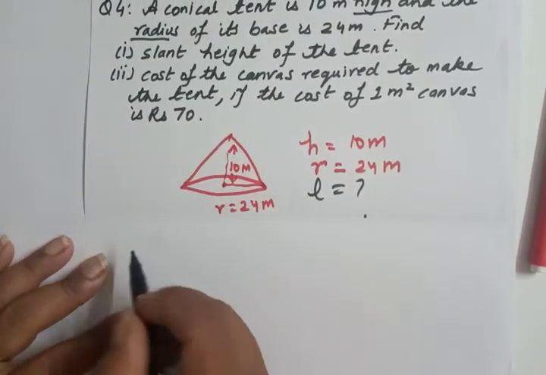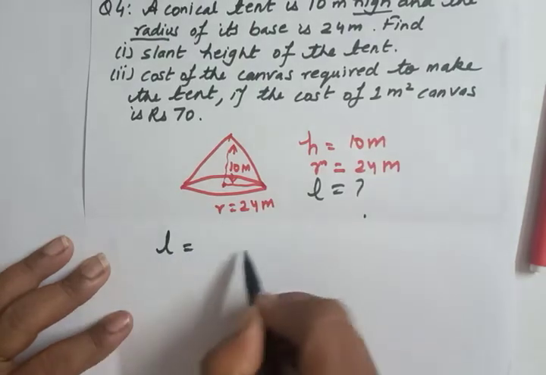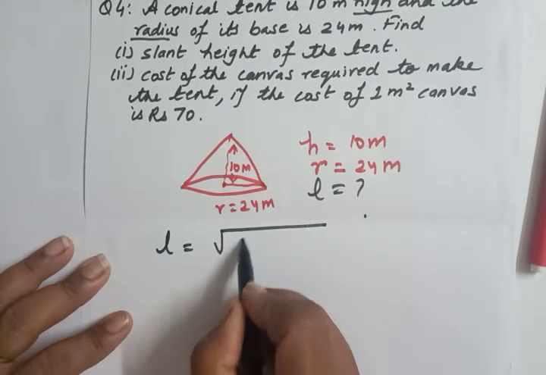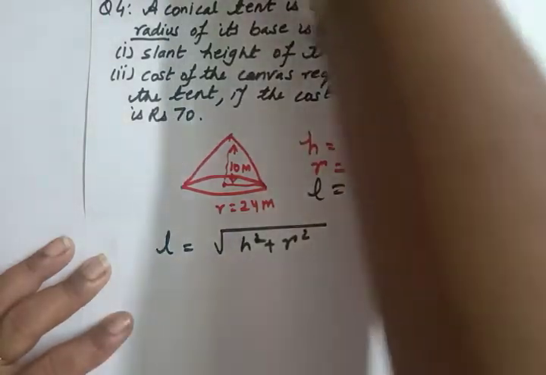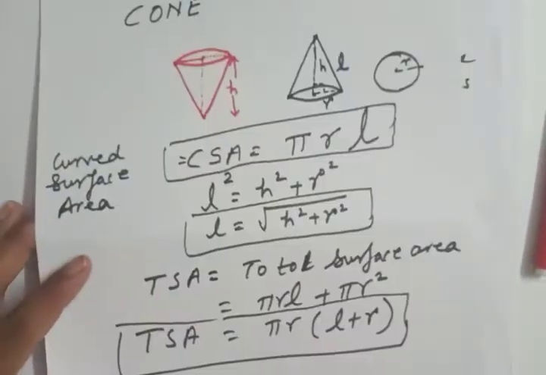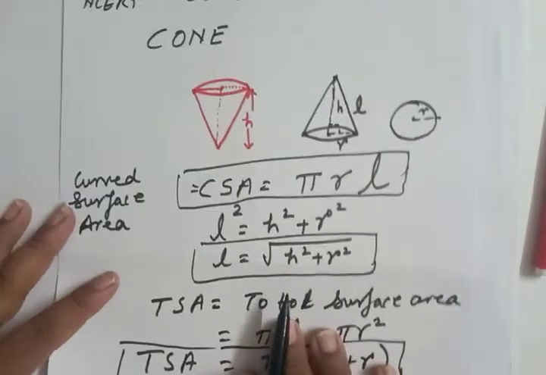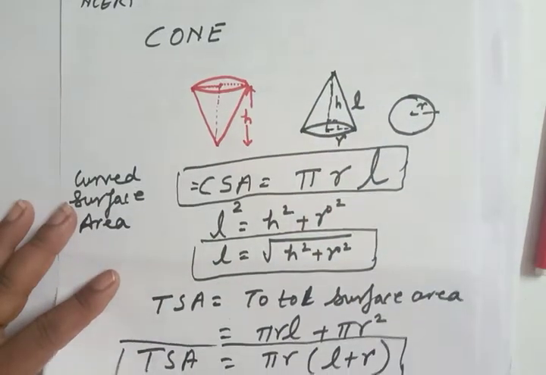So first of all, we know that L is equal to under root h square plus r square. I already discussed here how we can find it.